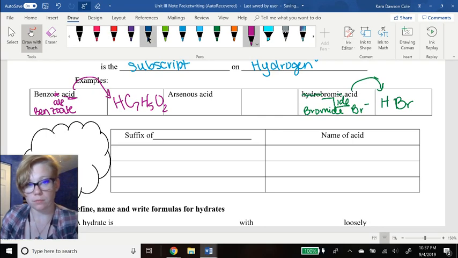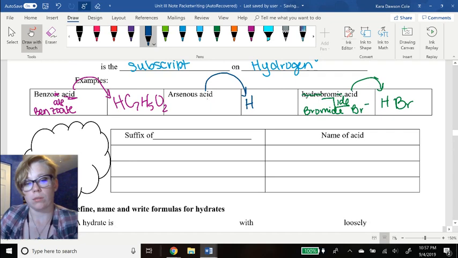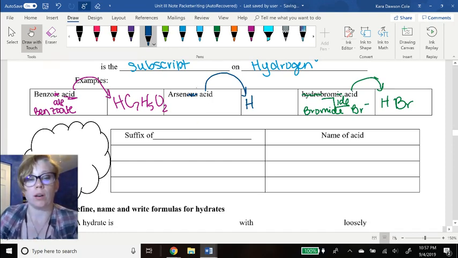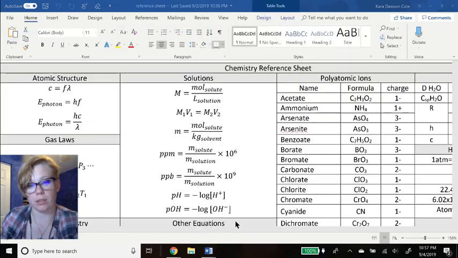The last one that I have here is arsenious acid. Again, I have acid, so I automatically have hydrogen. Arsenious has an ous and doesn't have a prefix, so I know that it's not ide. So it's arsenite, which is what I'm looking for on my polyatomic ion sheet.